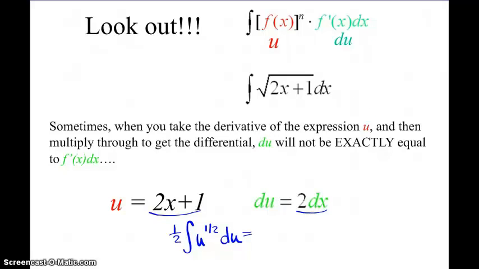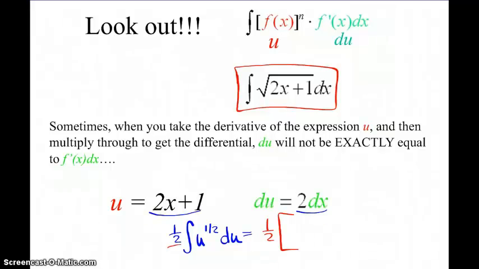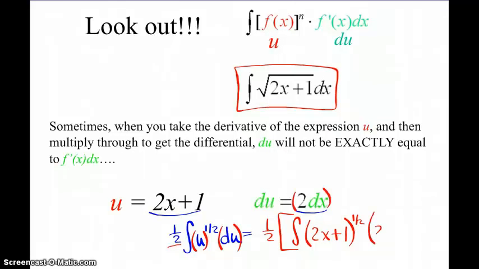I want to prove to you that I can, by putting this totally back in terms of x and dx and showing that it's equal. Again, constants pop out front, so I'm just writing that down. Now here's my integral: I have u raised to the 1/2, and we said u was 2x plus 1. And now I have du, and we said du was 2 dx.